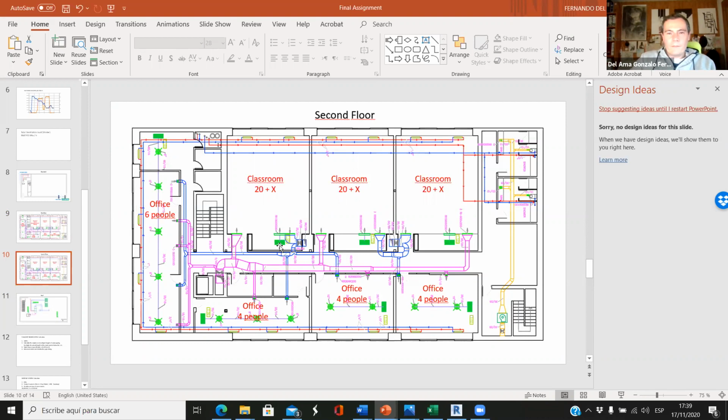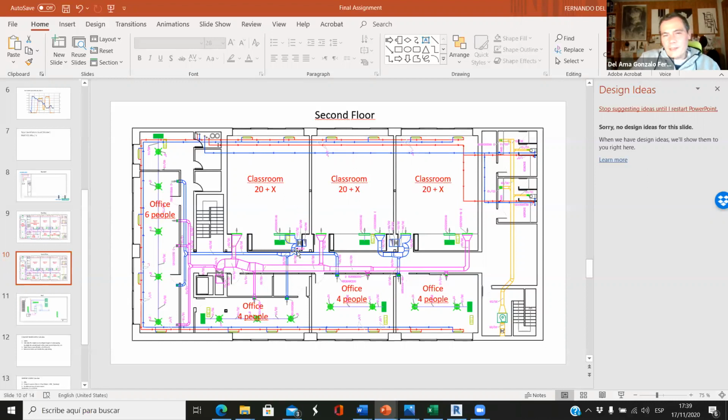just in case. Okay, so it's good having two systems in the same classroom, especially in these kinds of public buildings, which are complicated because we have a lot of people. The occupancy can be different in different classrooms, and sometimes one of the classrooms is full and the other classroom is empty.